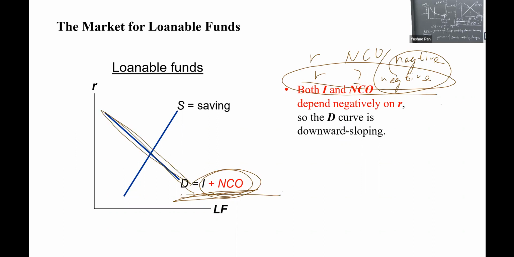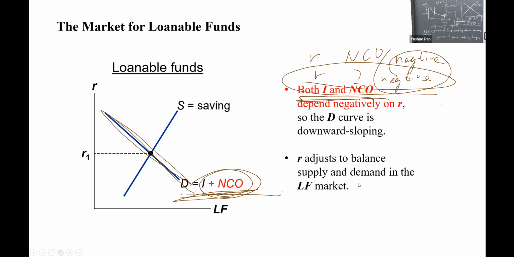So both I and the NCO depend negatively on R, and the demand curve D is downward sloping. The real interest rate R adjusts to balance supply and demand in the loanable funds market. And again, this chart is for the open economy.